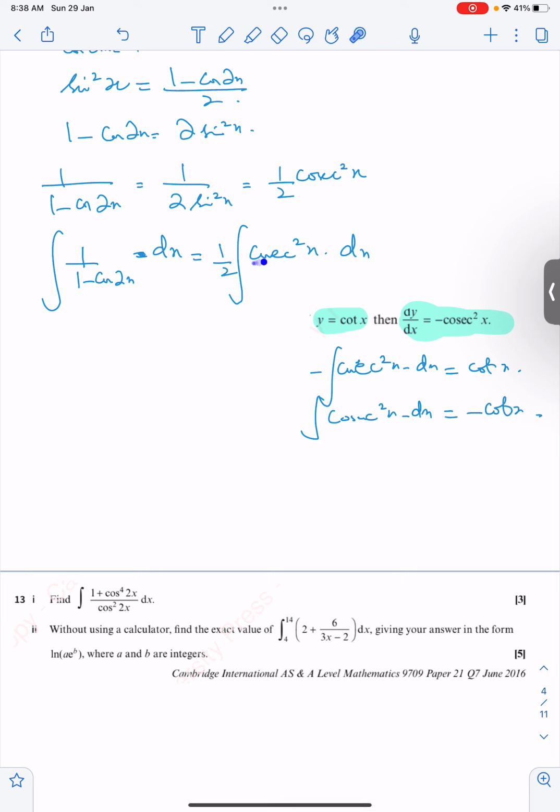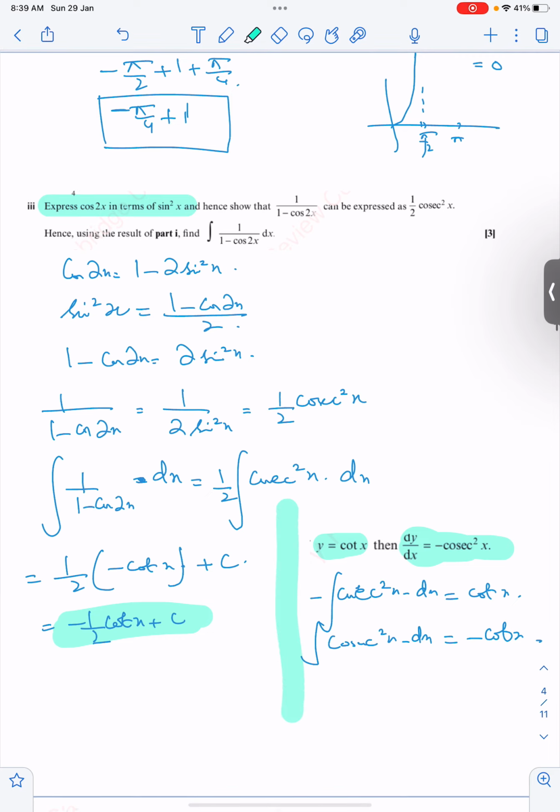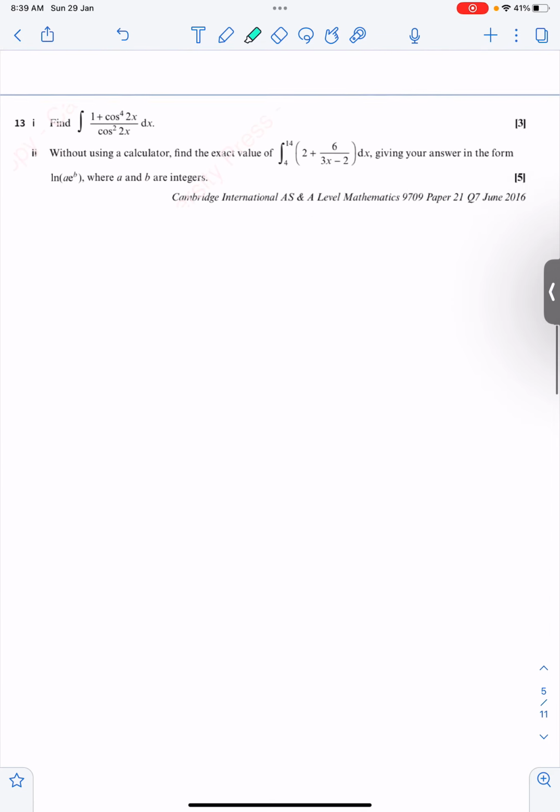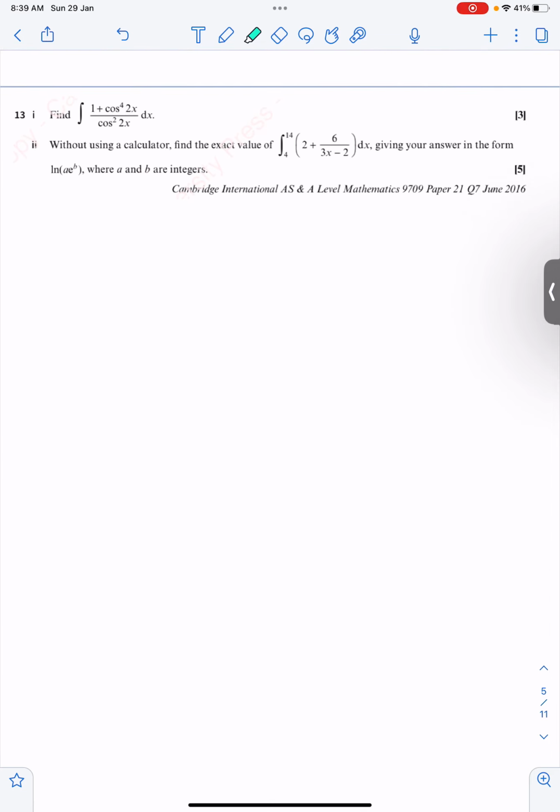Moving on to this one. Find the integral of this. So I'm going to divide both of them by this. Let's see. It's 1 upon cos square 2x plus cos 4 2x upon cos square 2x. 1 upon cos square 2x can be written as sec square 2x.